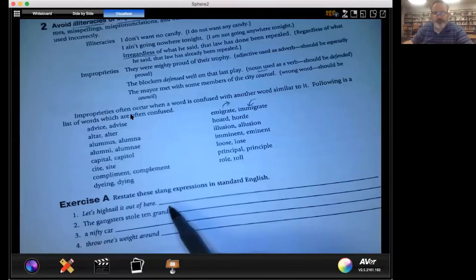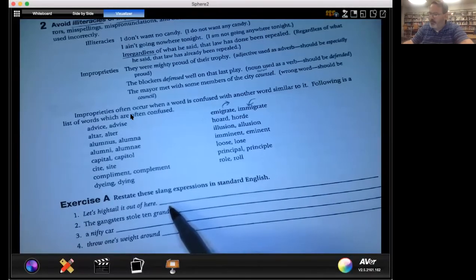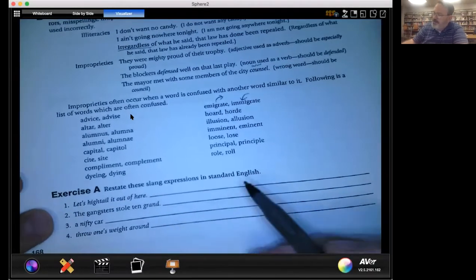Okay, so now we're going to do our exercises. On 168, we have exercise A, we have B, C, and D to do. So let's start with A. Restate these slang expressions in standard English.